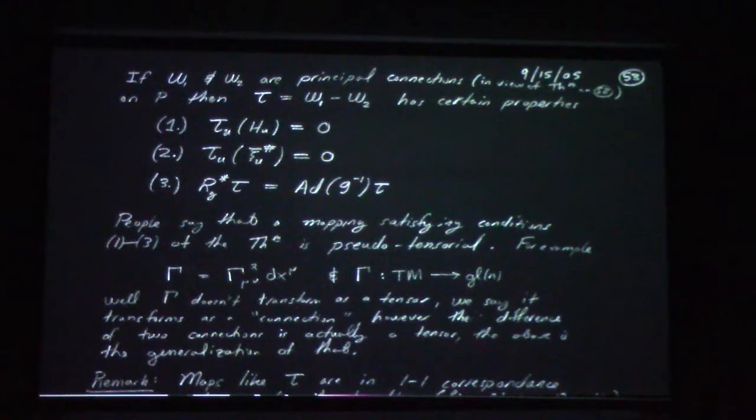If you look at that, what that means then is that the difference between two connections is somehow related to, in some sense, this animal. So people say that a mapping satisfying conditions 1, 2, and 3 here is a pseudo-tensorial thing. For example, these are the Christoffel symbols. So Christoffel symbols don't transform as a tensor.